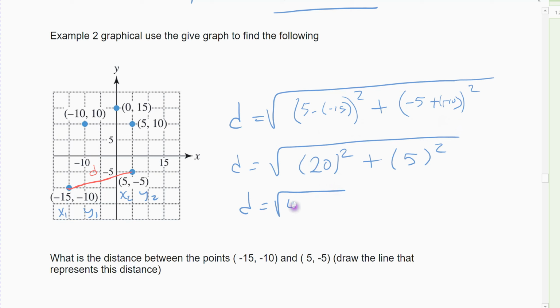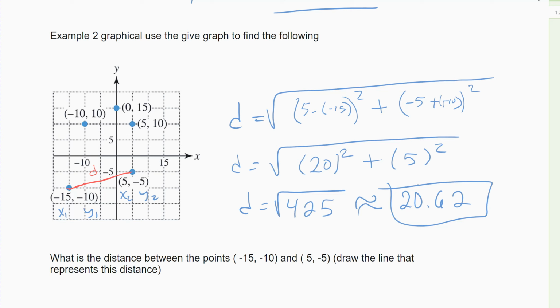So multiply that out, it comes out to 325, which is approximately 18.03. If this were an application, then these represented numbers, that's how far apart they are. They're about that many inches, centimeters, whatever the units would be. In this case it's just units.